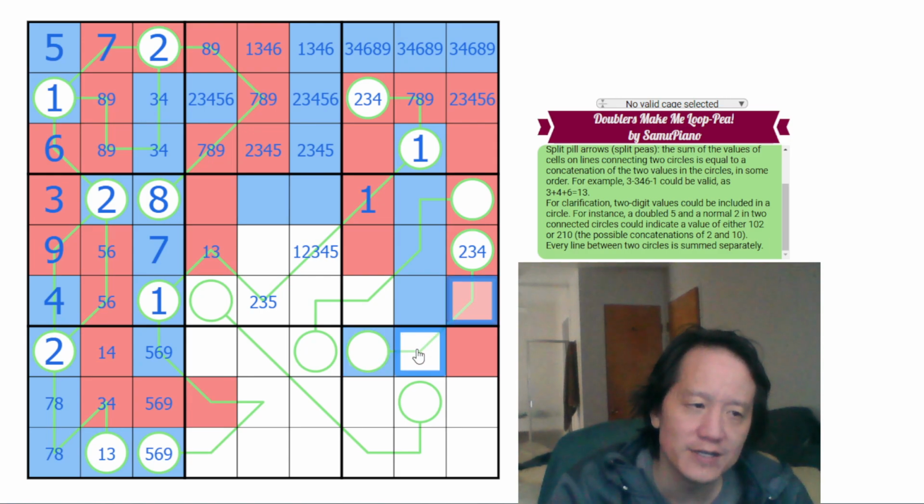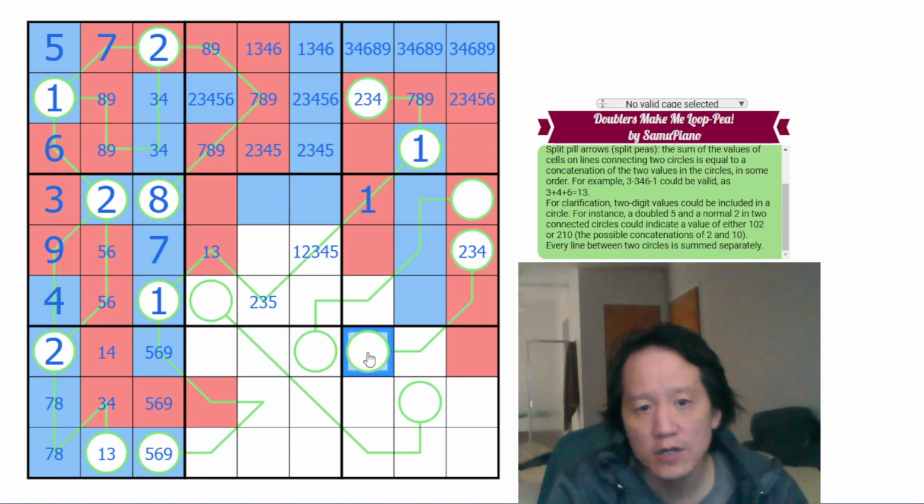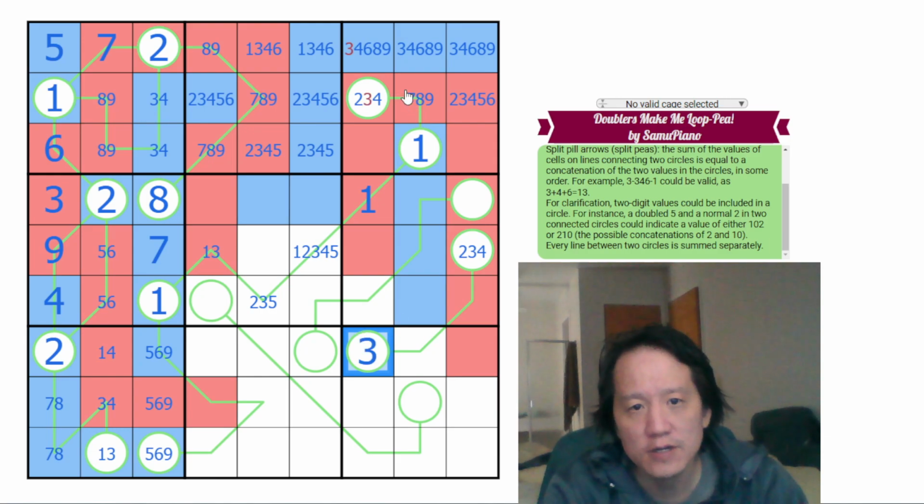The most this could be is 9 plus 9, both doubled. That's 38. So we need a 3. This cannot be 3 in value because it's doubled. Therefore, this has to be the 3. So this can't be 3. This can't be 8 because this can't be 16 to add up to. So this is 34, 36, or 38.